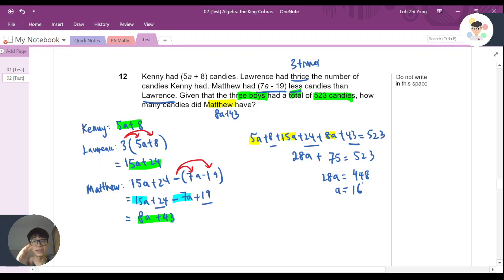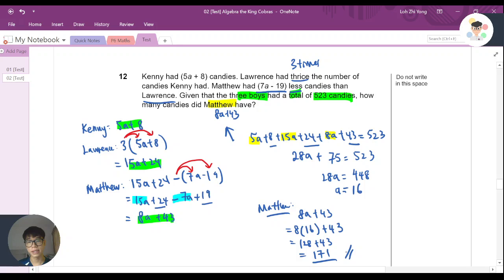Once you find out a, it's not yet the answer, okay? They are looking for Matthew, and I know Matthew has 8a plus 43. So you need to do 8 times 60 plus 43, which is 480 plus 43, and the answer is 523.